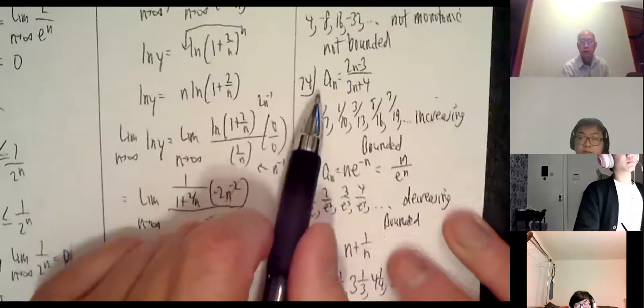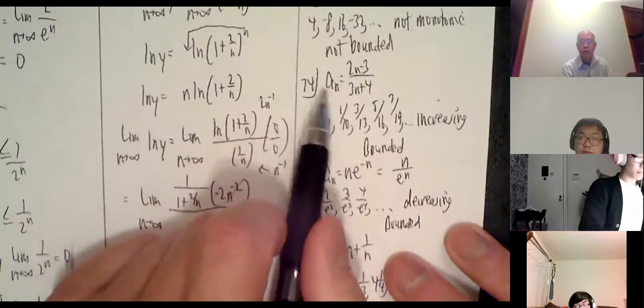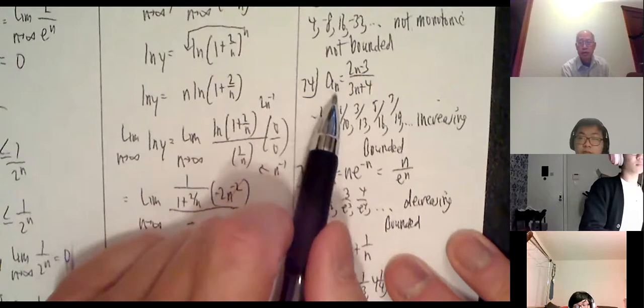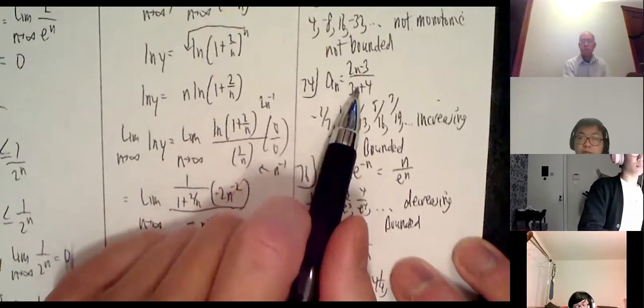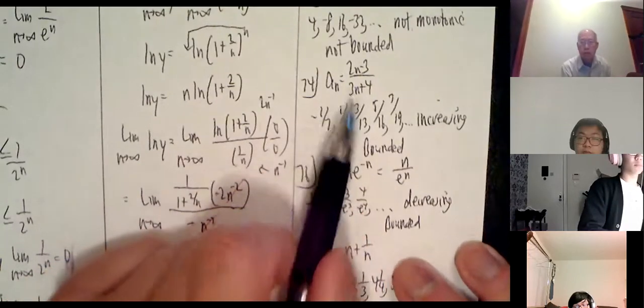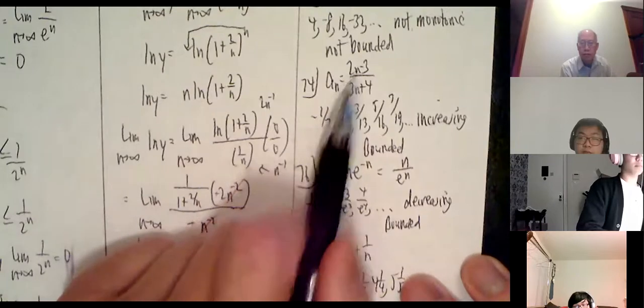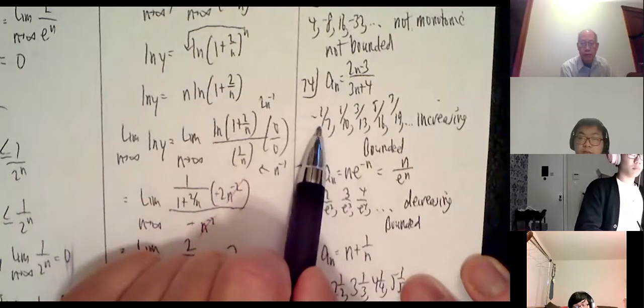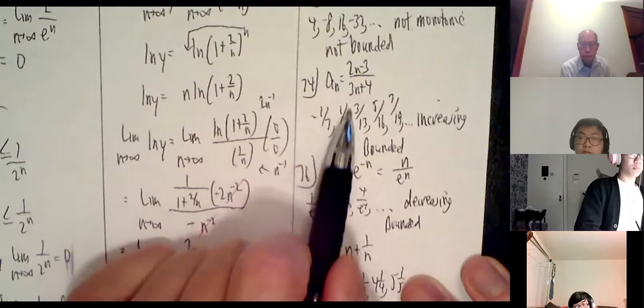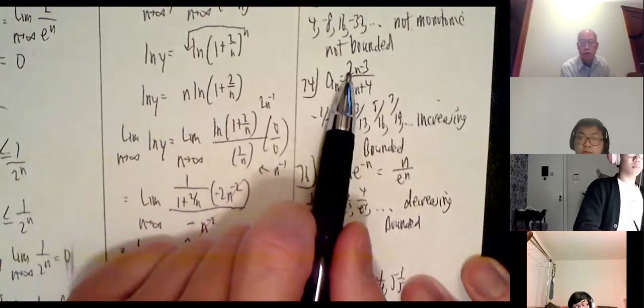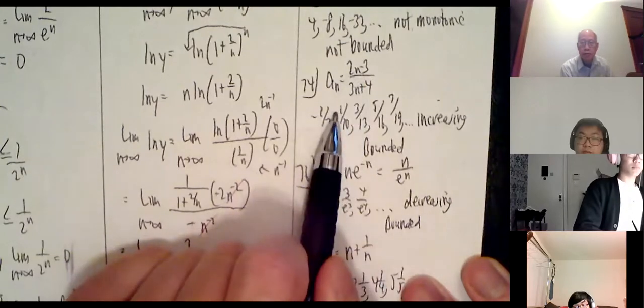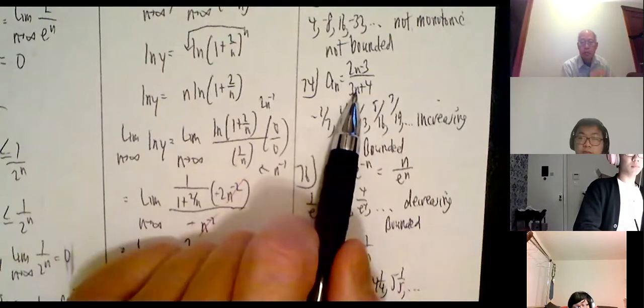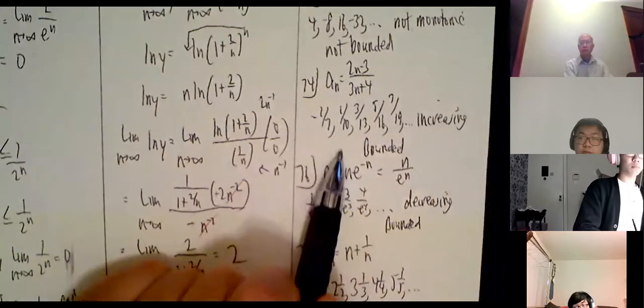Okay, 74. A sub n equals 2n minus 3 over 3n plus 4. Plug in 1, negative 1 over 7. Plug in 2: 2 times 2 minus 3 is 1, and 3 times 2 is 6, plus 4 is 10.